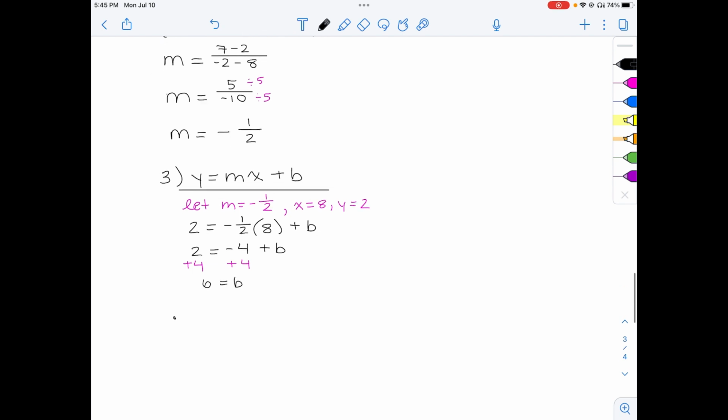We can then state the equation of the median through B. The median through B is given by y equals -1/2 x plus 6. You don't need to fill in a value for y and x, you just leave them as variables. That is the equation of the median through B of that triangle.